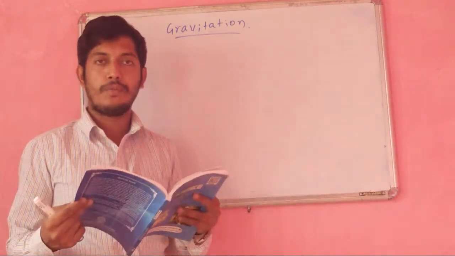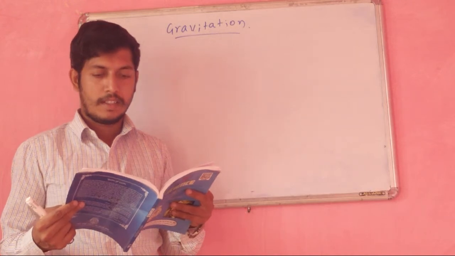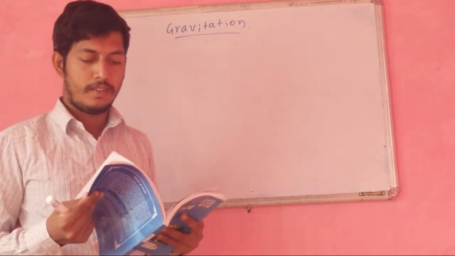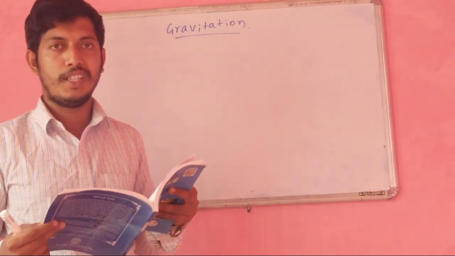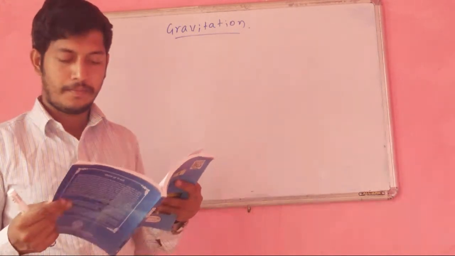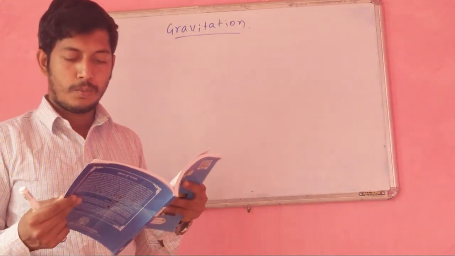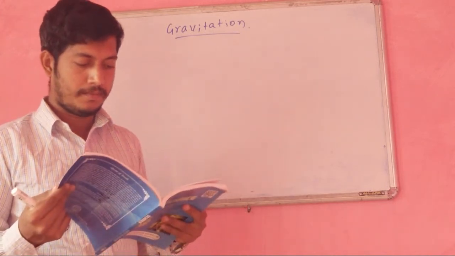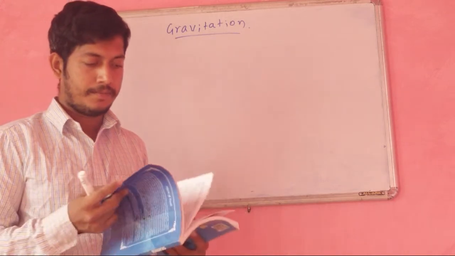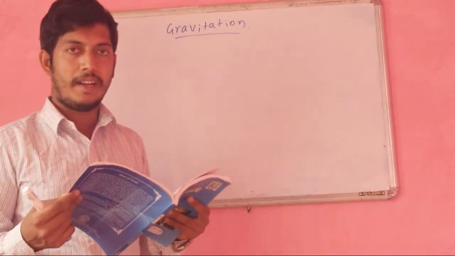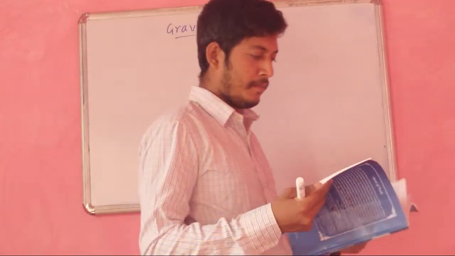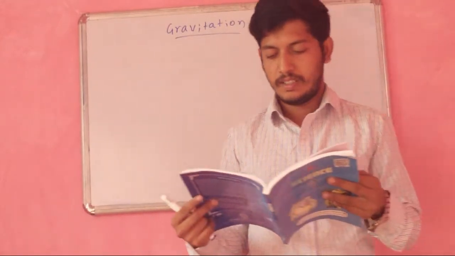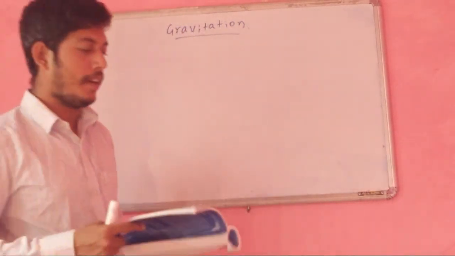Then importance of universal law of gravitation, then the meaning of free fall and value of small g as well as value of capital G, and the next one is motion of objects under the influence of gravitational force of the earth, and thrust and pressure, buoyancy, and the Archimedes principle, and relative density, and some problems related to gravitational force.